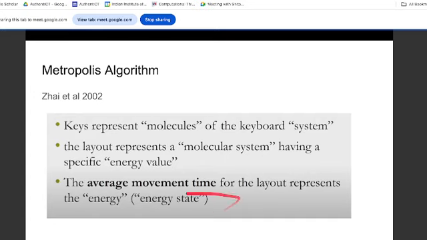Just like in chemistry, we think about the system as if it is a molecule. A keyboard system is a molecule, and this molecular system has an energy value. We assume that the average movement time for keyboard layout movement or keyboard pressing is the energy state.